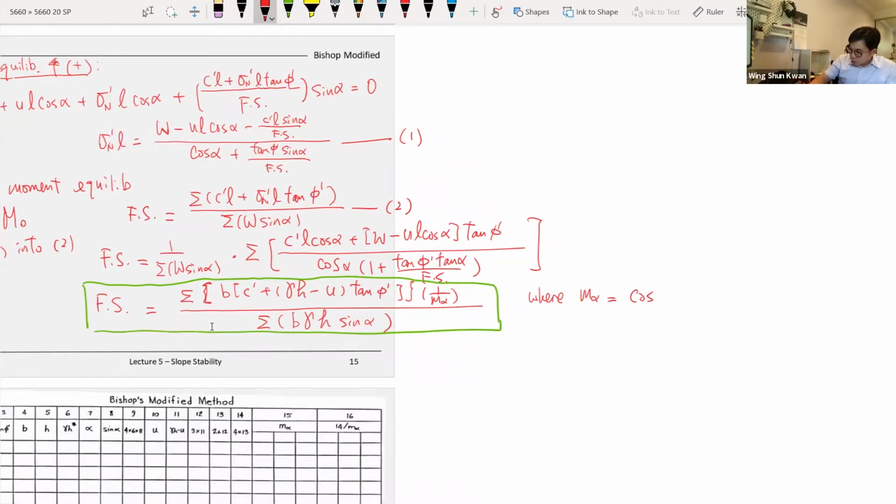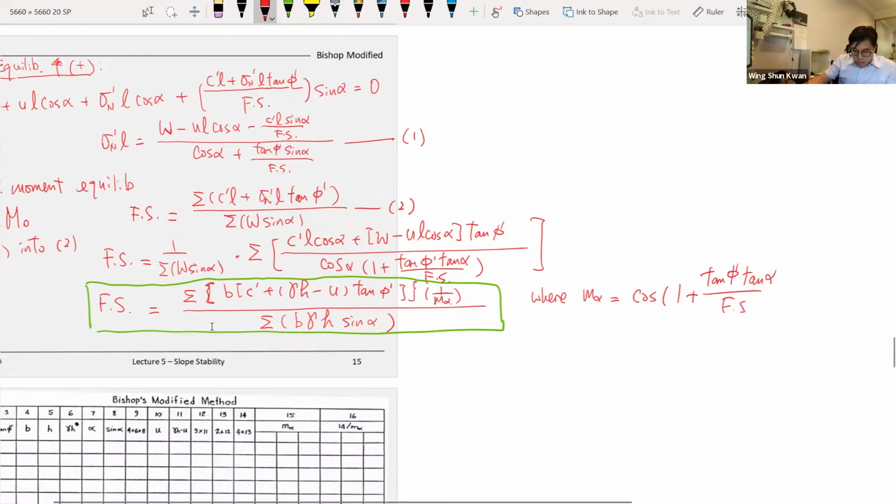So the cosine m sub alpha there is equal to this value. And the b is equal to the width of the slice, which is equal to L times cosine alpha.